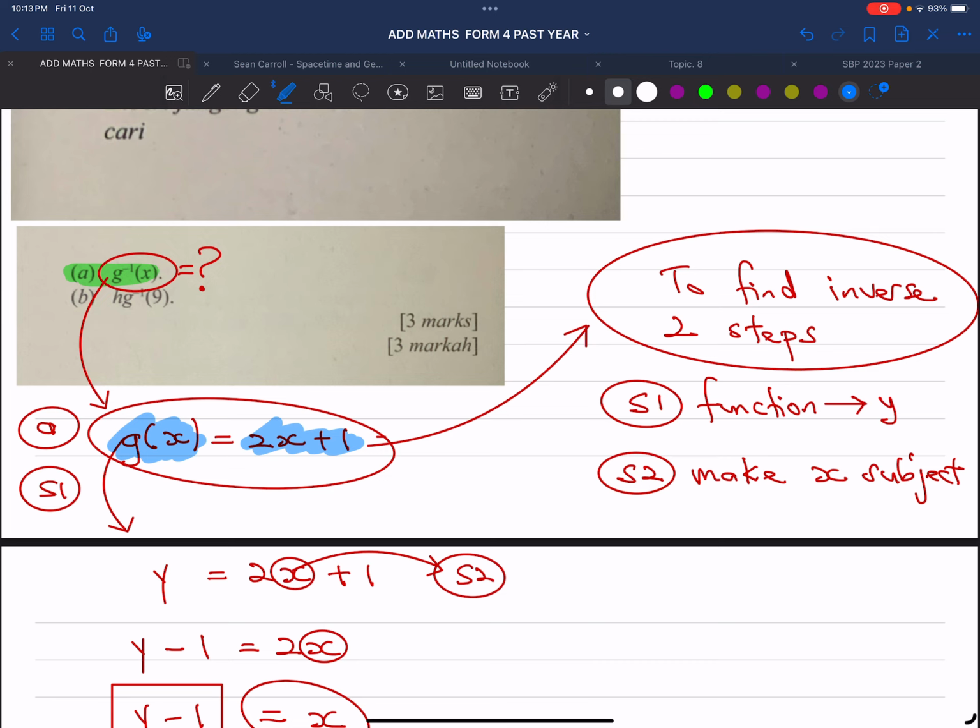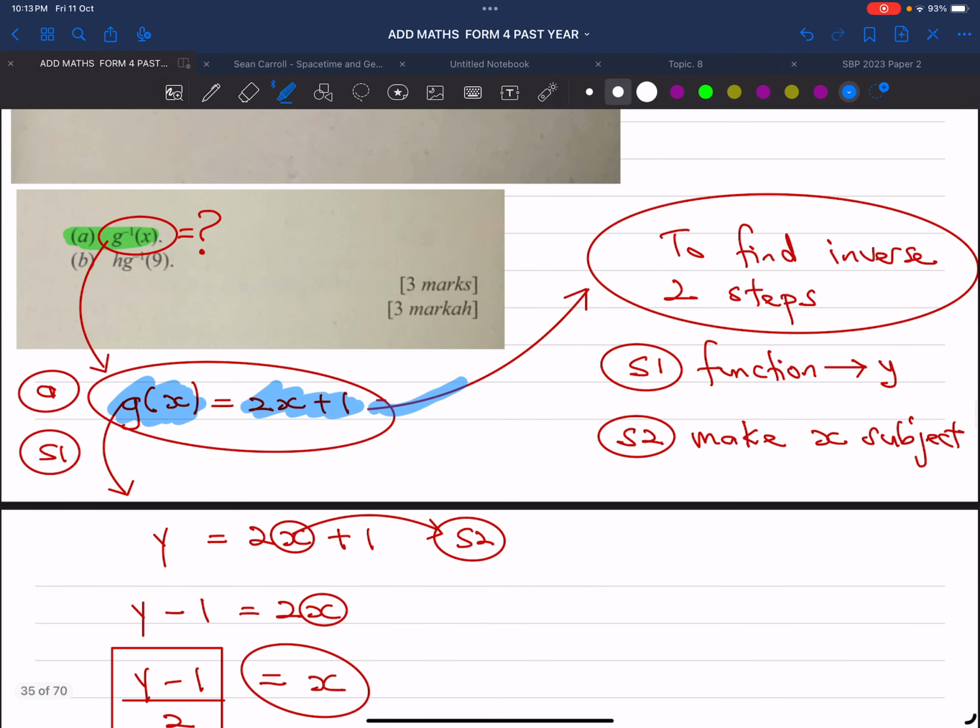Now to find inverse, there are two steps only. Step 1, the function, you change it to y. Step 2, make x the subject.